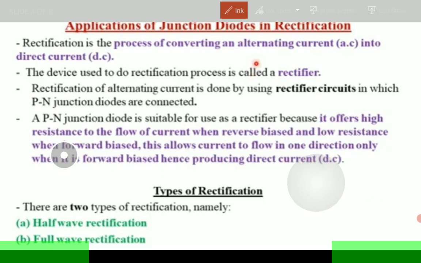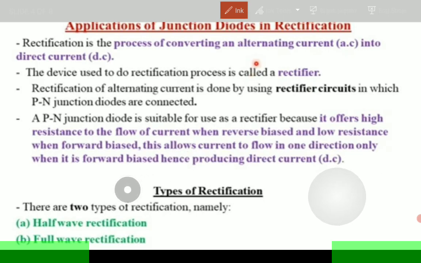So a PN junction diode is suitable as a rectifier because it conducts current in one direction when it's in forward bias mode, and it does not conduct current when it is connected in a reverse bias mode. I've already explained what reverse bias and forward bias mean. So a diode only conducts when connected in a forward biased mode.